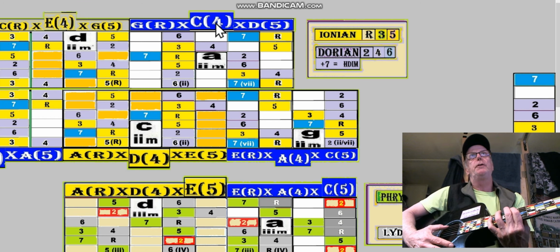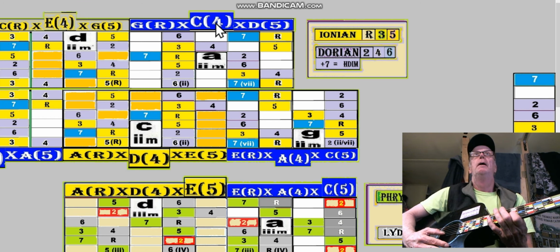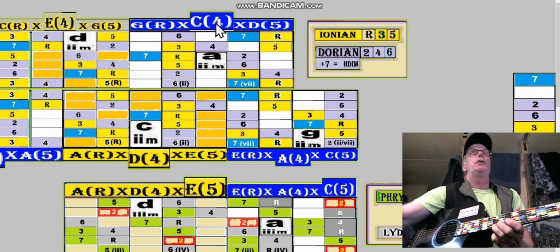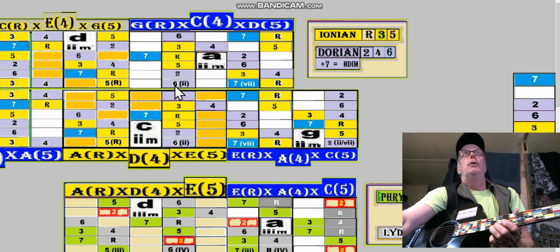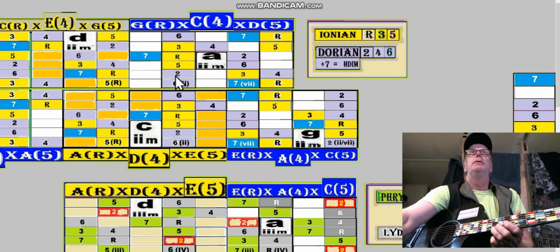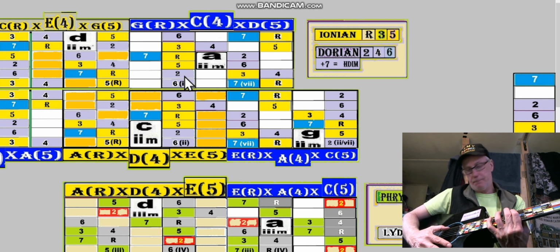If I double the arpeggio, it'd be, so really, how many notes were there that weren't double? Is only the 6, the 2, and the 6 again. We'll try that one more time.